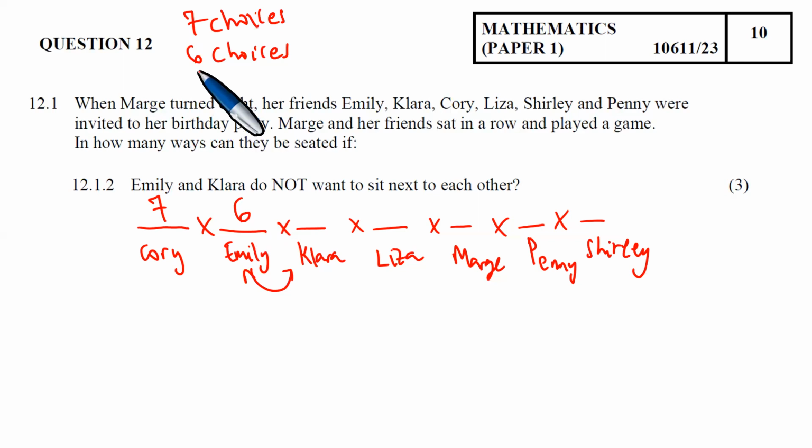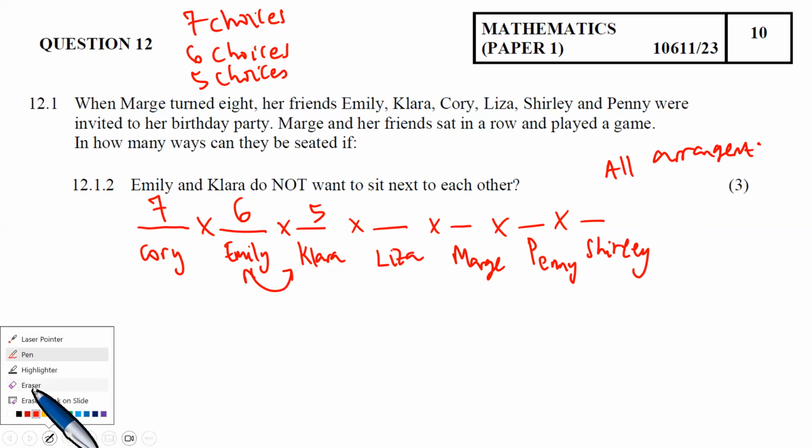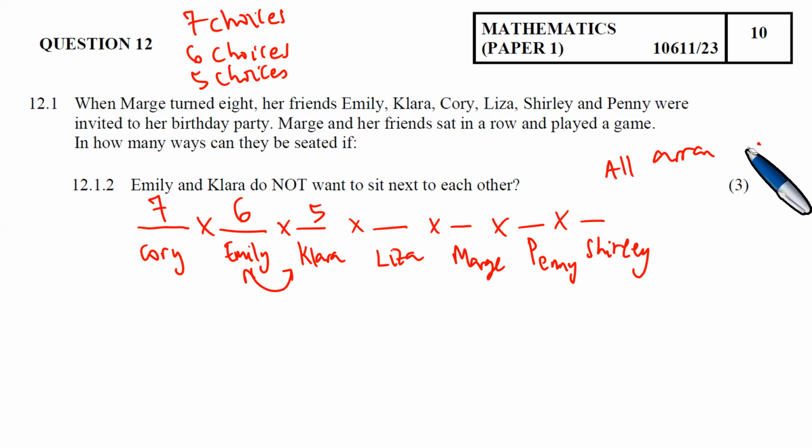Then here you have 5 choices. Because now we are mixing the people. Then we're looking at all arrangements.